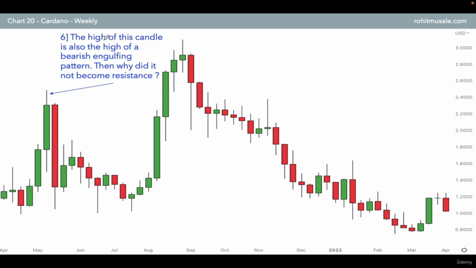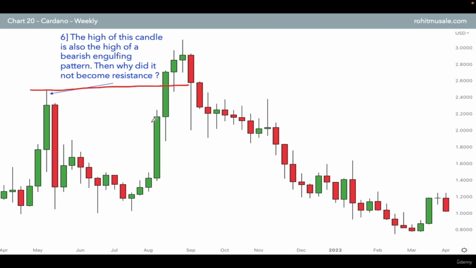Number 6, the high of this candle is also the high of the bearish engulfing pattern. Then why did it not become resistance? Well, it's not that it did not become resistance. The high of the bearish engulfing pattern, it does become resistance, okay? However, here the uptrend was so strong that resistance broke on the first candle that tried to test that resistance.